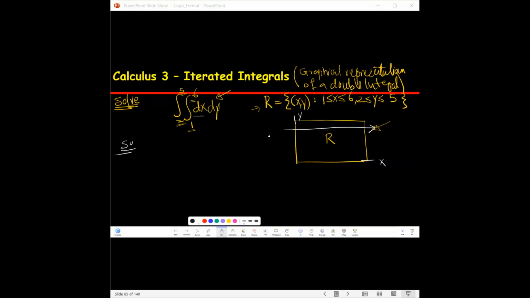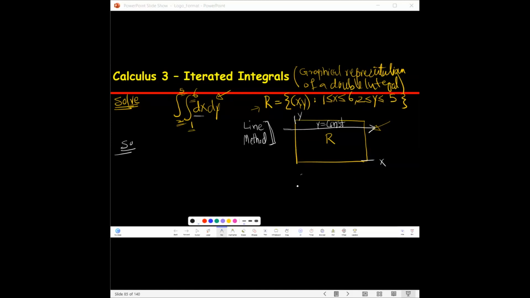And I call this the line method. That's just a generic name I give it. The point is that you draw the region, and then whatever derivative you're taking, make sure you draw the constant line. So this is y equals constant.